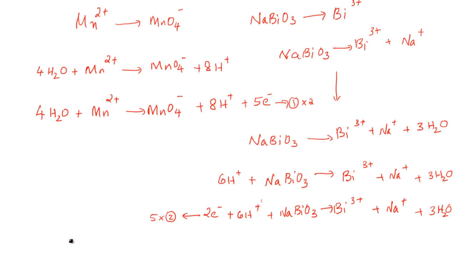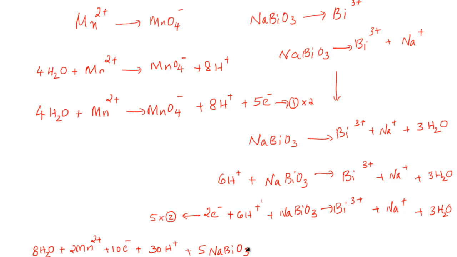So 4 times 2, 8 H2O plus 2 Mn2+, and this side we are multiplying by 5. So 10 electrons plus 5 times 6, 30 H+, 5 NaBiO3. Did I use everything on both left sides? Please keep checking, guys.